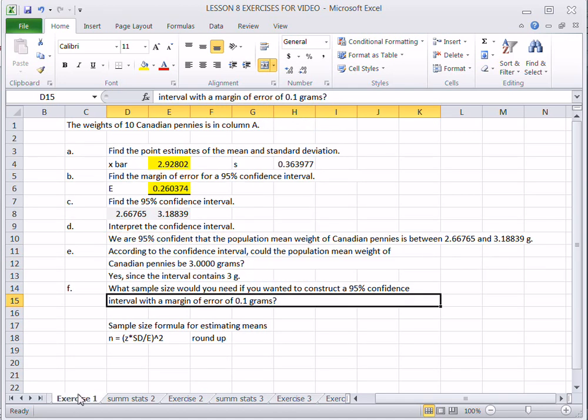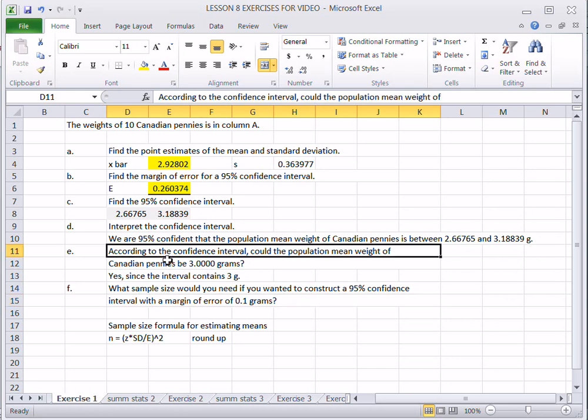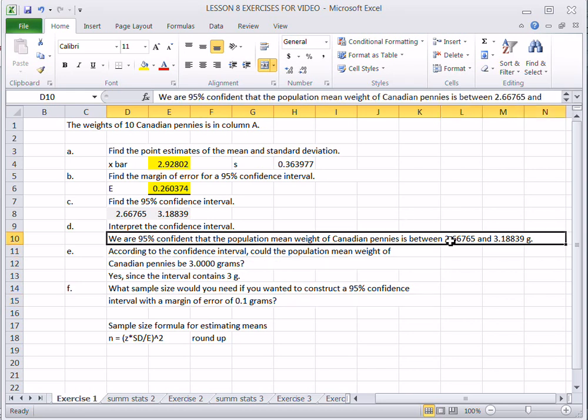So if we go back to exercise 1, remember the claim was, could it be 3? And we said, yes, it could be 3, because 3 is contained in the interval. If it had said more than 3, we would say not necessarily, because there are some in here that are less than 3.